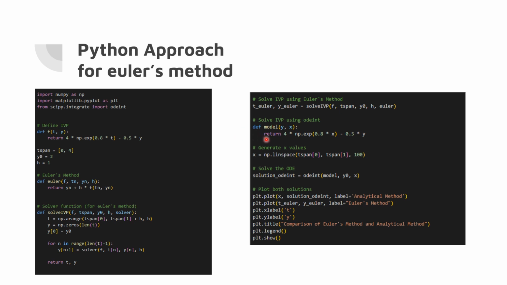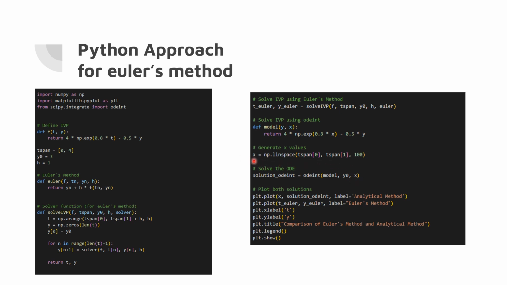Then we can use the odeint function to solve the initial value problem analytically to find the true solution with SciPy, and we just define the differential equation one more time, and then we call odeint with the differential equation, our initial condition, and our variable.